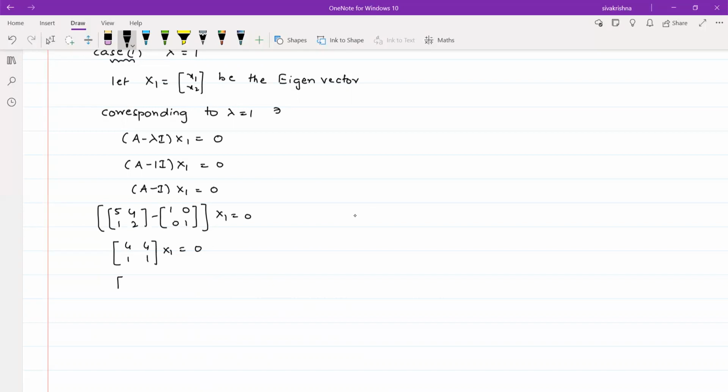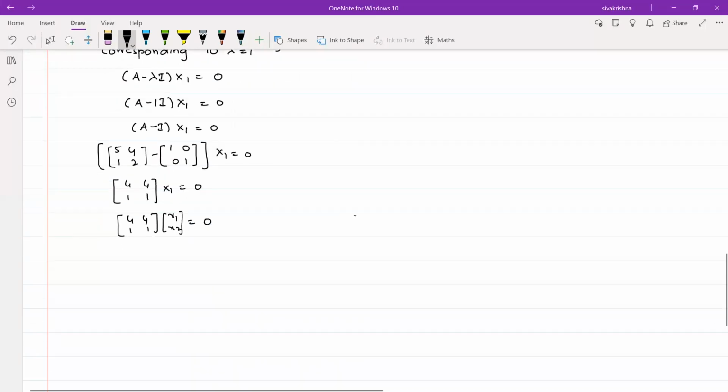So once again, 4, 4, 1, 1 into X1, where X1 is small x1, small x2, is equal to 0. Once again, you have to convert that particular matrix into echelon form. This 4, 4, 1, 1 can be converted to echelon form. For that, we have to apply one operation, that is R2 changes to 4R2 minus R1.